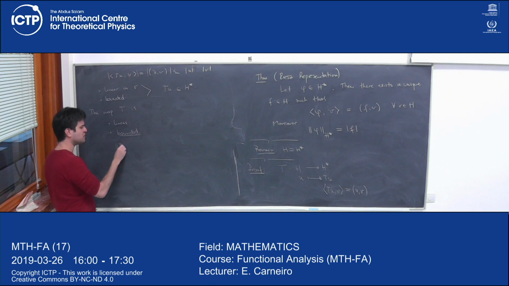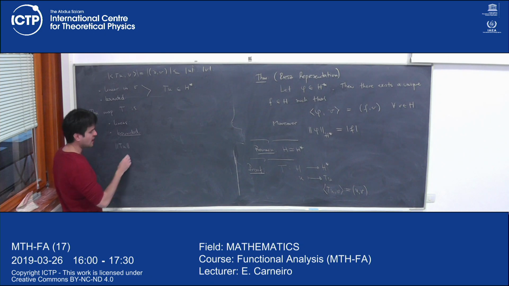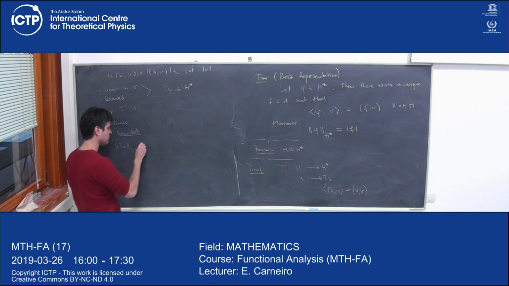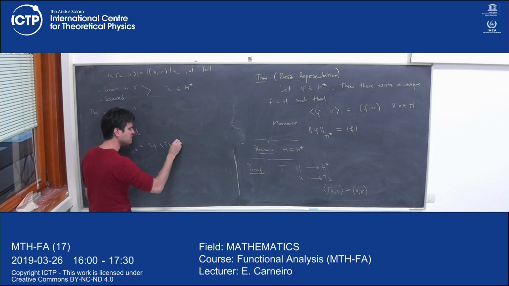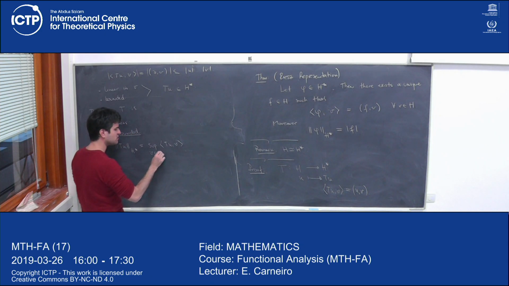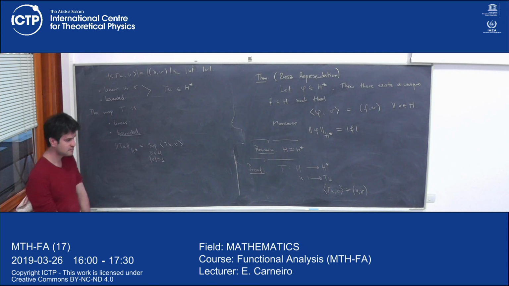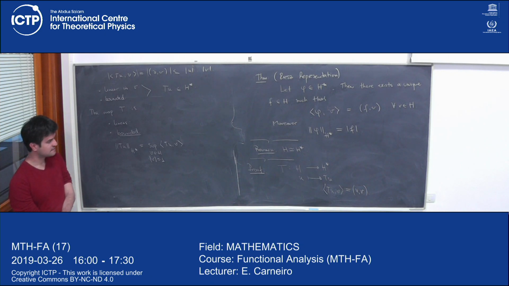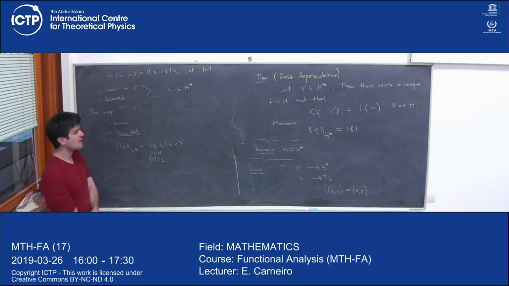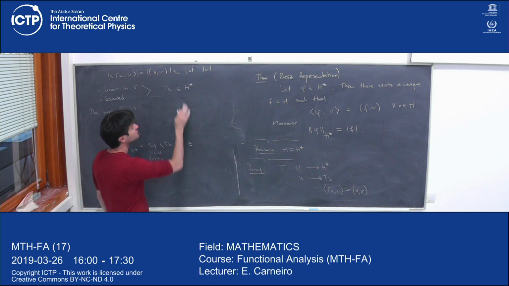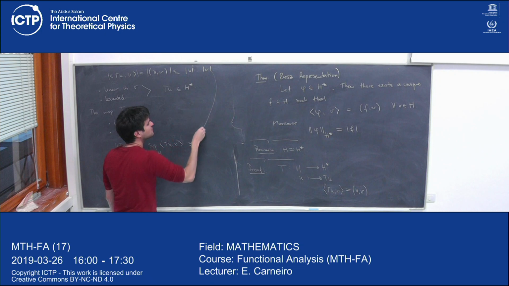Remember, the norm of Tu in the dual is equal to the supremum of Tu acting on v, when v belongs to the Hilbert space and has norm 1. Okay? But then, of course, this is less than or equal to, by this inequality, right?